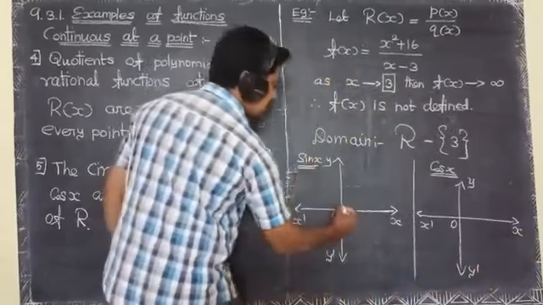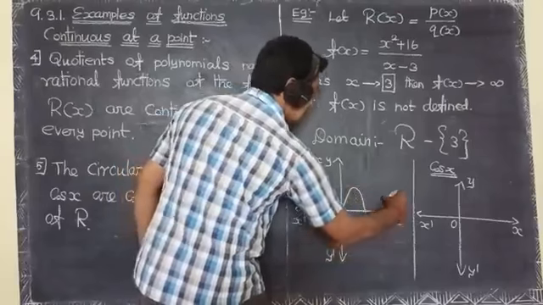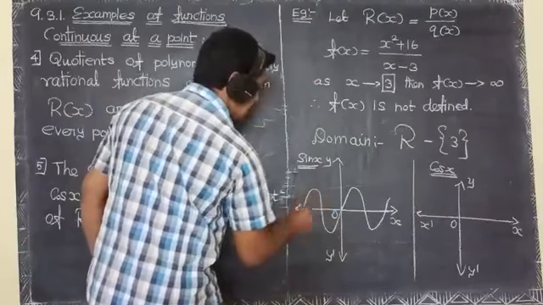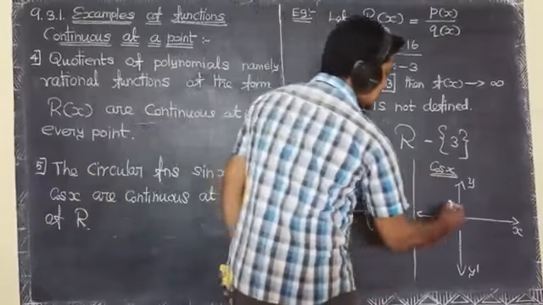Sin x passes through the origin. Cos x is an even function, and does not pass through the origin.